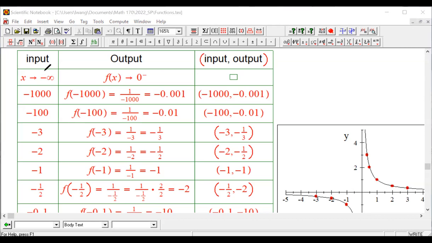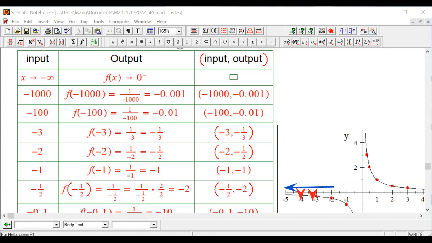When x is approaching negative infinity, the output is negative, even shorter, getting shorter and shorter.